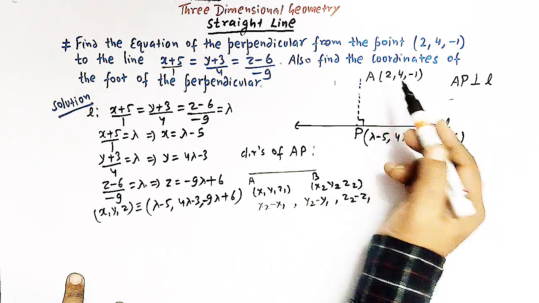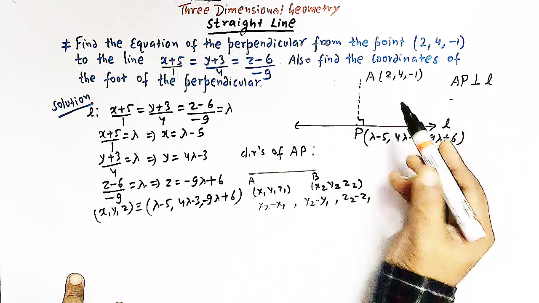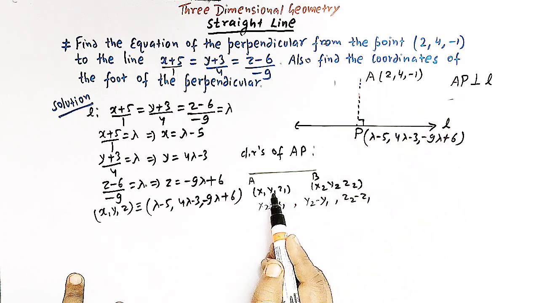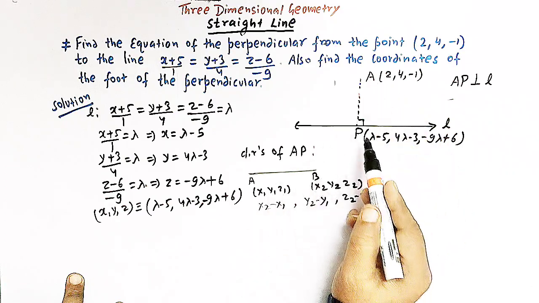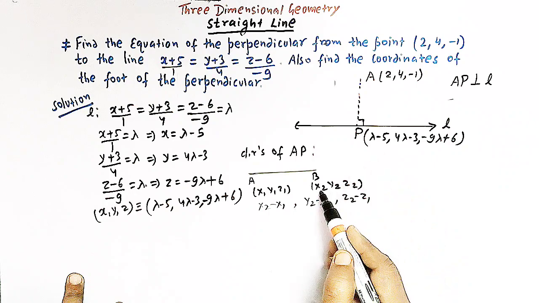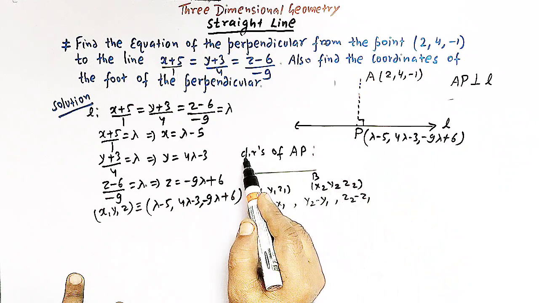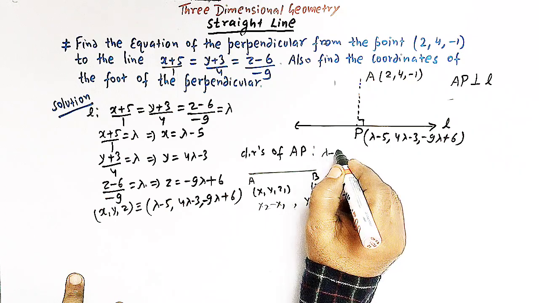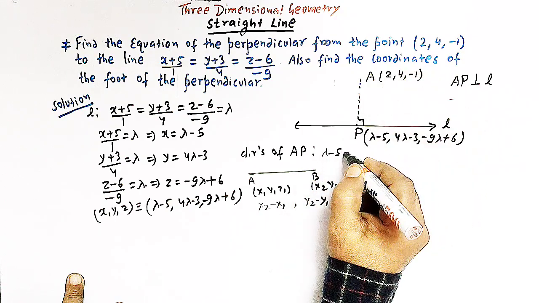So here this point A can be taken as x1, y1, z1, and this point P can be taken as x2, y2, z2. So the direction ratios of AP are given by lambda minus 5 minus 2.